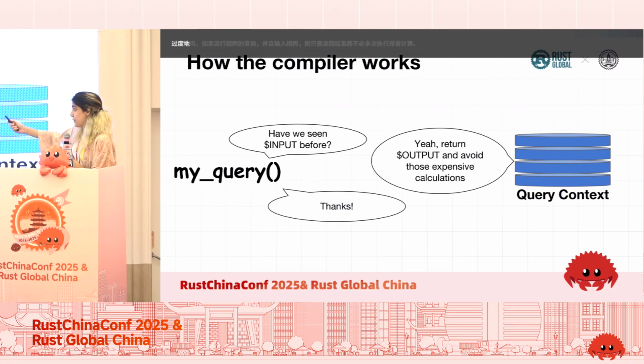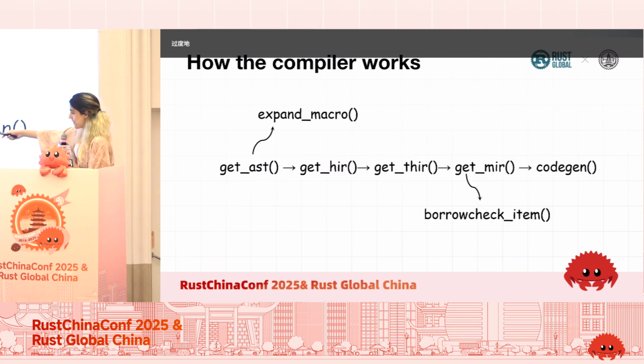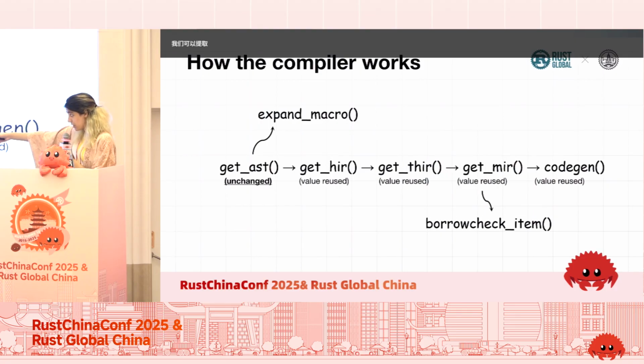And even better, these two concepts can be mixed. We can extract each of these compiler stages into their own query. So if the AST doesn't change, the HIR doesn't get recomputed, the THIR, the MIR, everything can just stay as they are, and we can save lots of time.